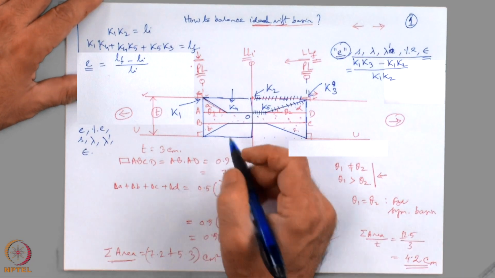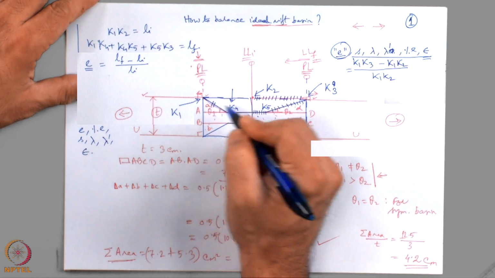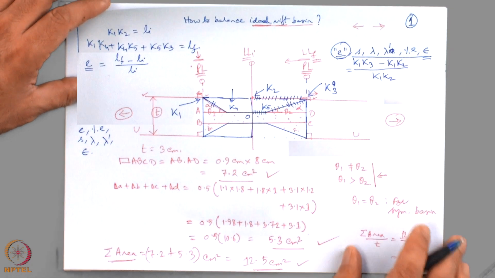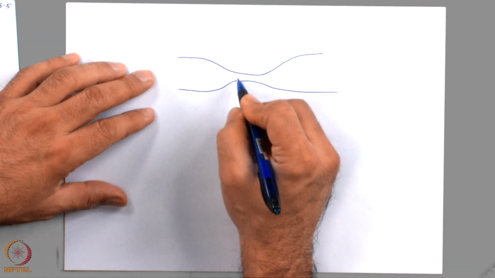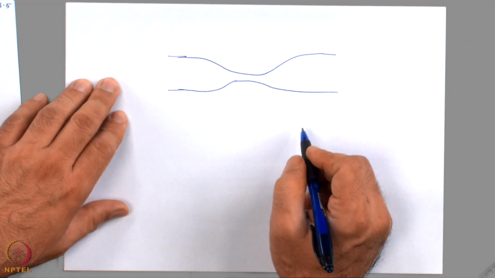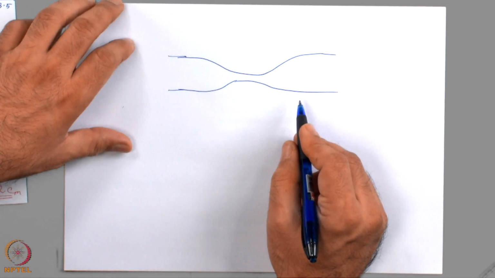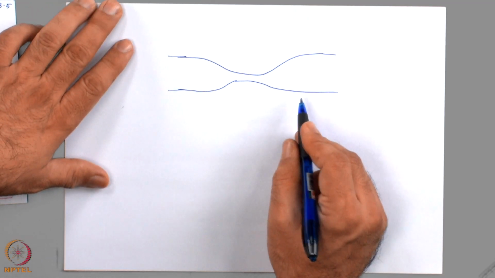What has been shown in terms of an asymmetric basin with straight slopes, suppose the slope is not straight, rather like this, then also it is possible to balance this cross section and also find out the strain parameters.